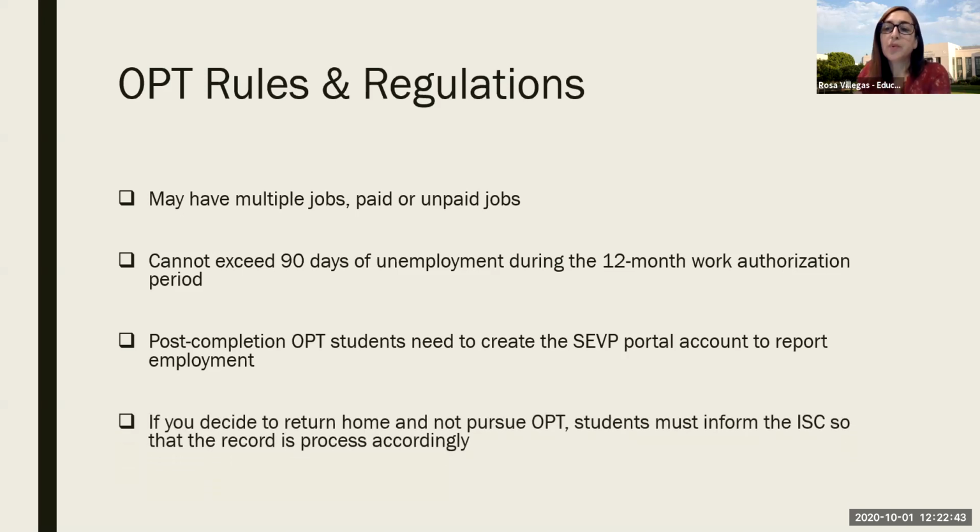Something very, very important is that if for some reason, after you apply for OPT, you decide that you don't want to pursue the OPT and you decide that you want to go home, you need to let us know because we need to process your I-20 accordingly so that you don't jeopardize future returns to the US. So always, always report any changes to our office.